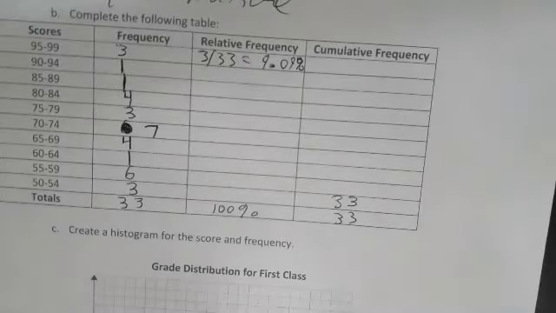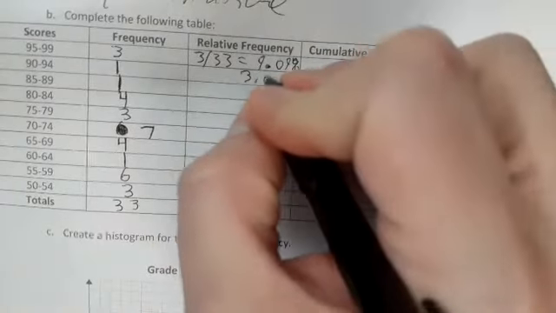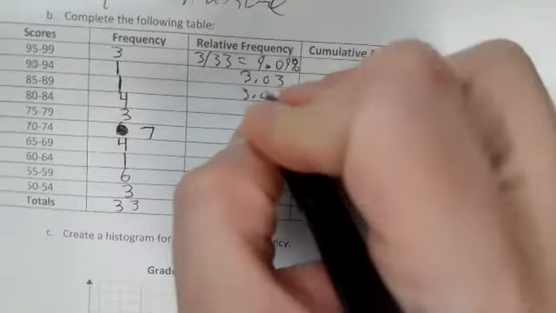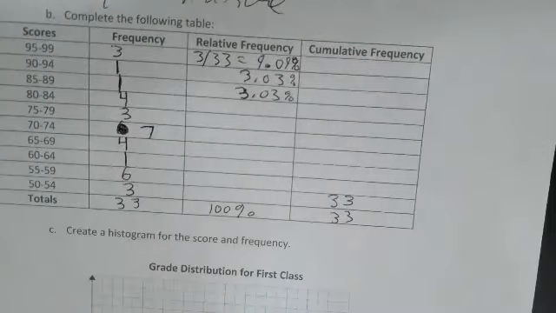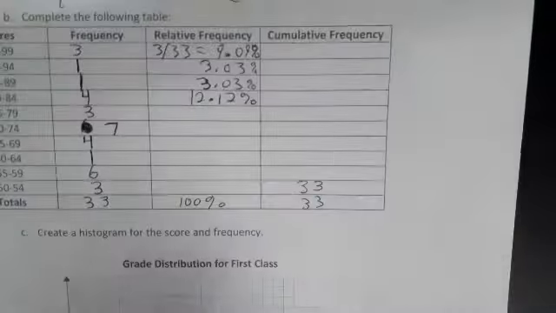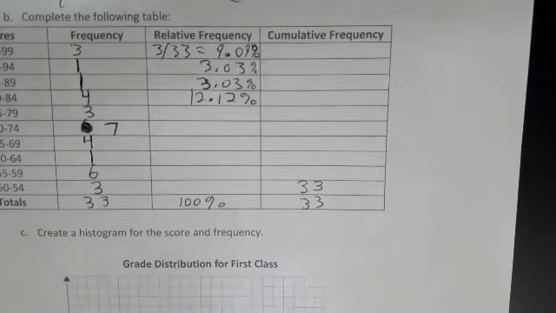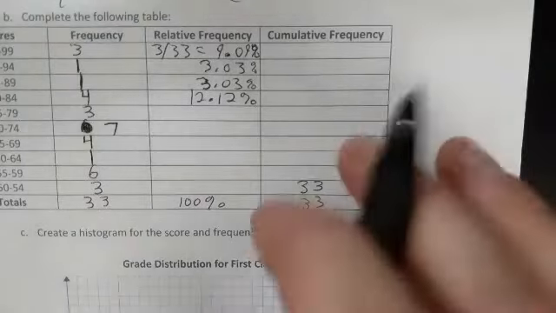So I'll probably round things to 2 decimal places with a percentage. I'm going to do 4 out of 33. This is giving me 3 out of 33 again. This is giving me 9.09%.